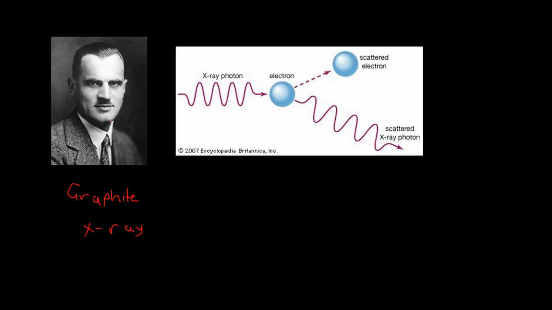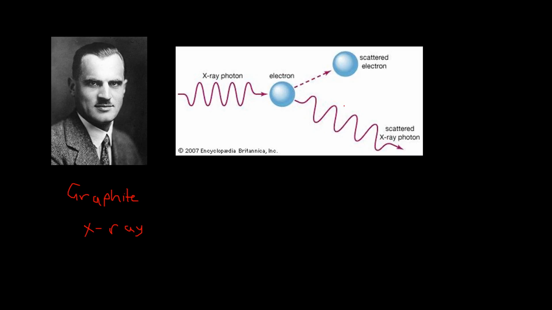Arthur Compton conducted an experiment on graphite and X-ray photons. He noticed that when X-ray photons collide with electrons, as the electrons were emitted by the photoelectric effect, the photons were scattered.